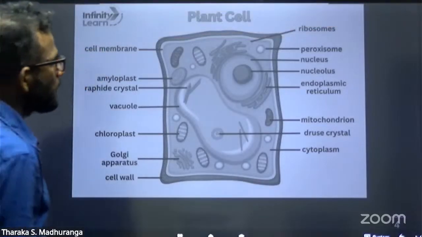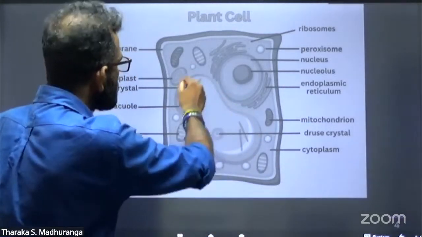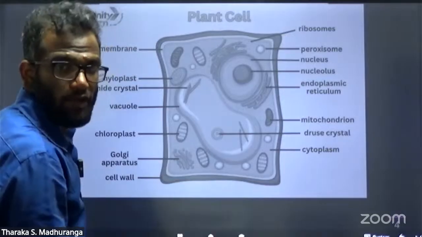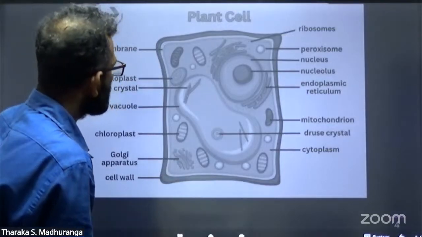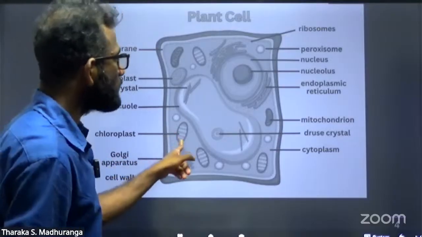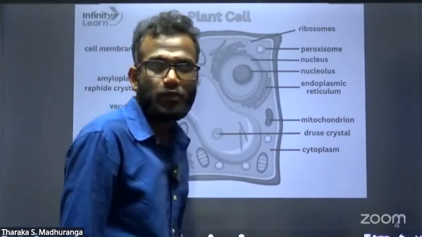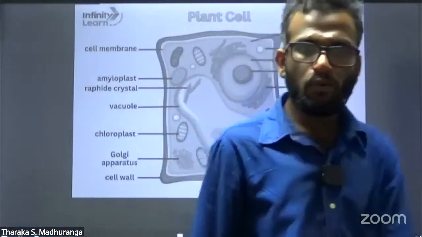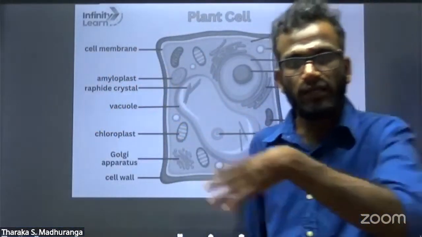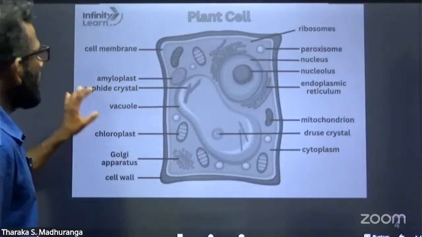An important thing is that it has large, permanent vacuoles, and the other important one is that it has chloroplast. The animal cell doesn't have chloroplast because animals don't do photosynthesis. But the plant cell must contain chloroplast.